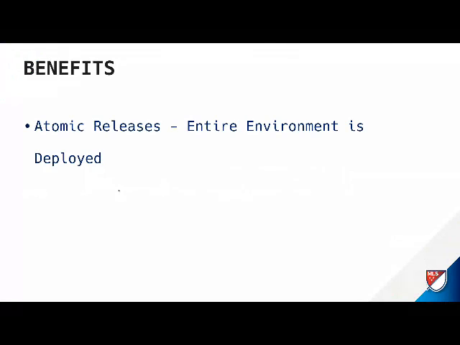So one of the best benefits, and one that there's just nothing I can think of bad about Docker or about adding that complexity that compares to this, is that you get these atomic releases. What that means is when you package a container and turn it into an image and you store it in a registry, you're actually storing the entire environment that your application needs to run, from operating system to dependencies, anything.